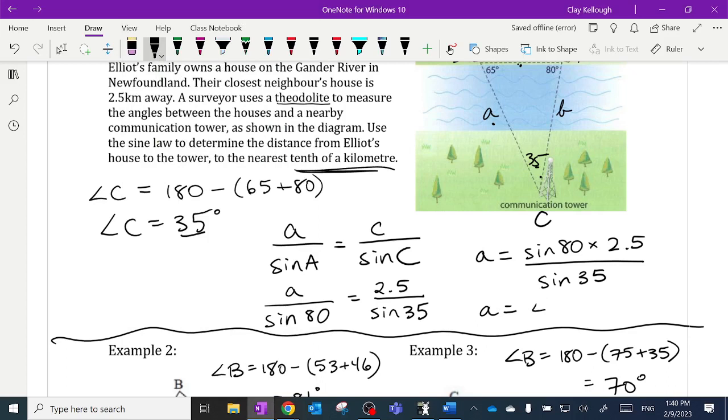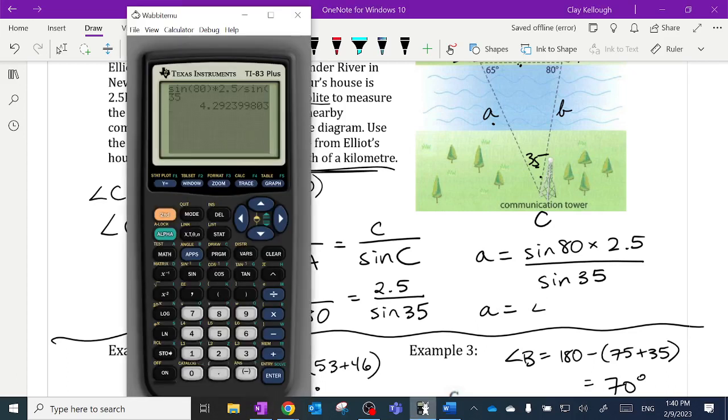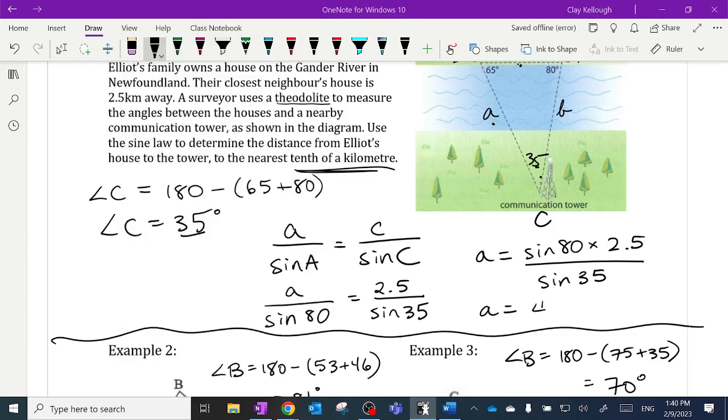Nearest tenth. So go back to that number. It's 4.29. Which decimal is the tenths place? The first decimal. Yeah, there's no such thing as a oneths place. The first decimal is tenth. So 4.29 becomes 4.3 kilometers. So yeah, make sure you always do what it tells you. And if it doesn't tell you anything, just round it to 2.